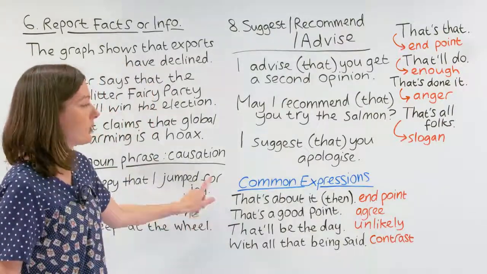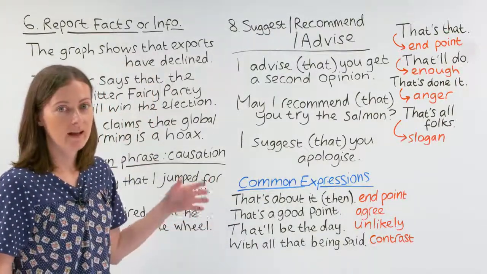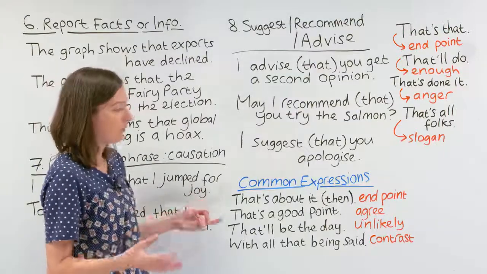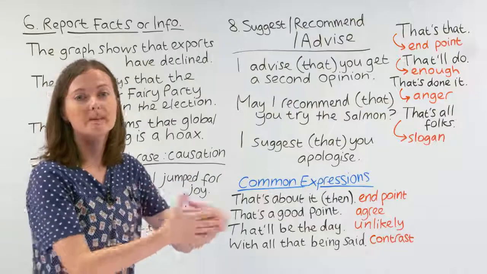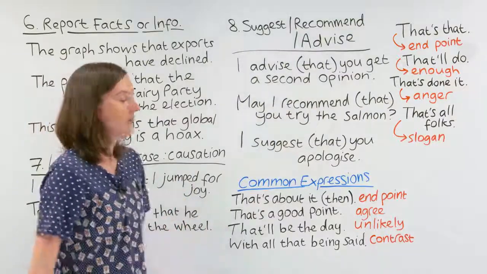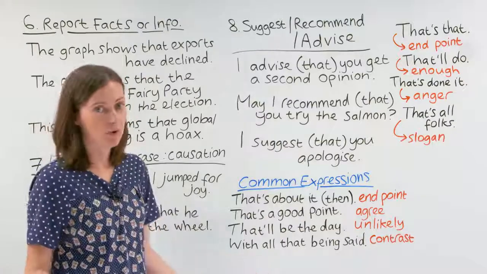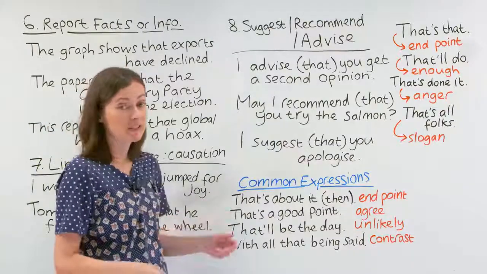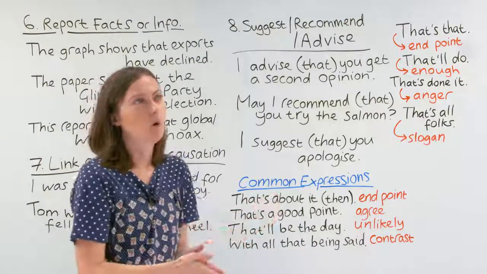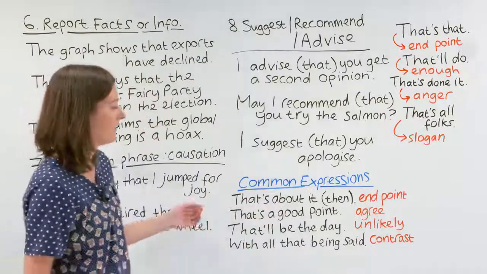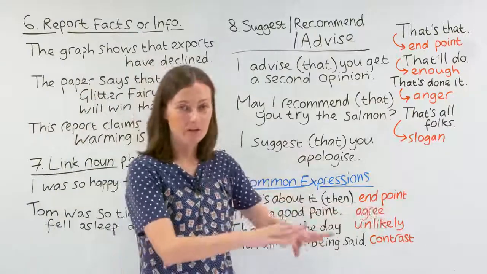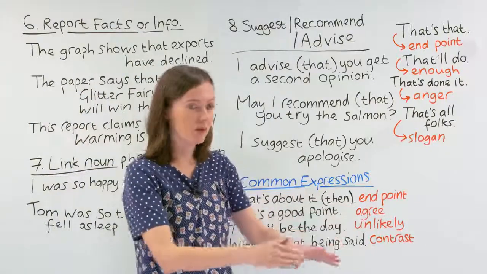Now let's look at some common expressions where we use that. When we've reached the end of what we were saying, very often people will say, that's about it. Or they'll say, that's about it then. And after they've told their story or they've explained something, this is an expression that says, I've finished now. This is the end of my point.